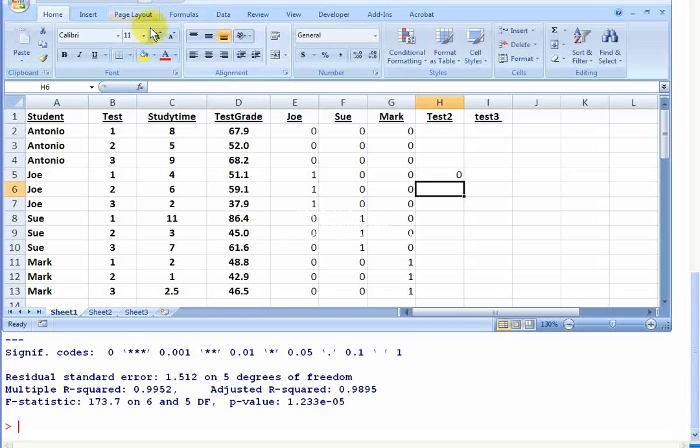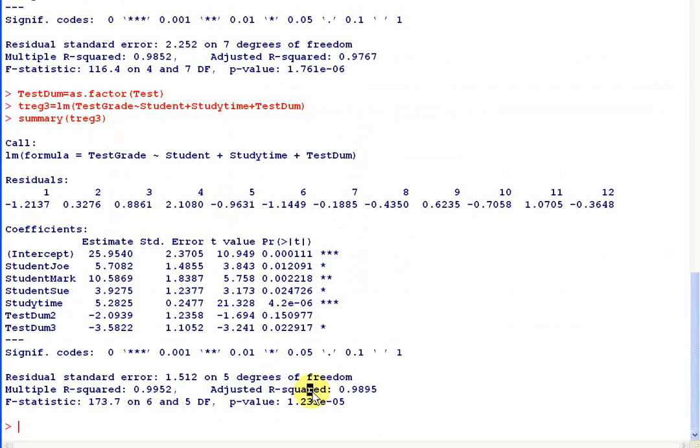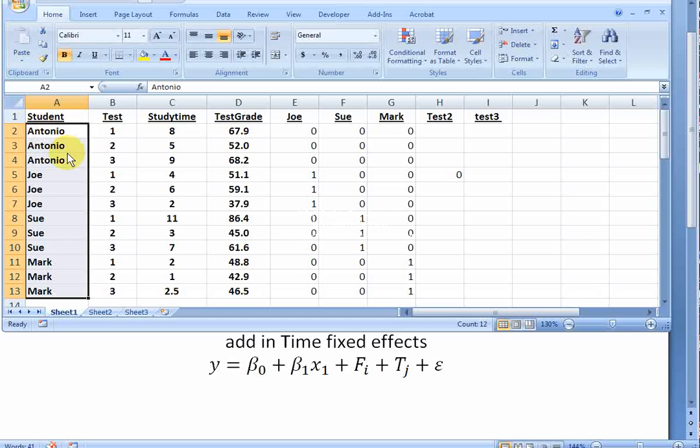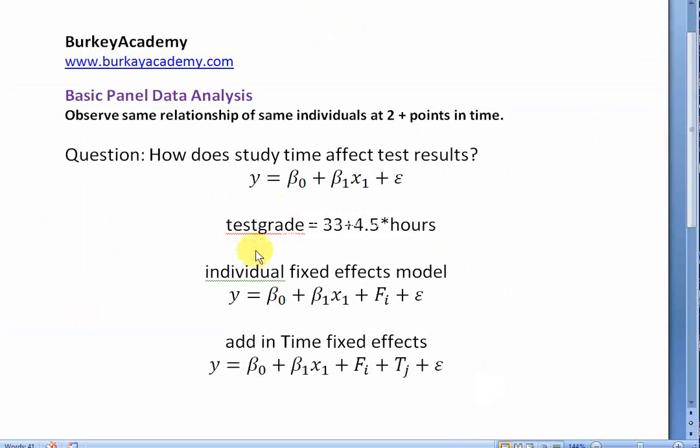Again, let me just say a couple more things about panel data analysis. With this data that I created, we had 12 observations. We have 4 subjects, 4 students, times 3 tests gives us 12 observations, 4 times 3. Whenever you do these various panel estimates, whether you have individual fixed effects and/or time fixed effects, you have to watch out for your degrees of freedom.